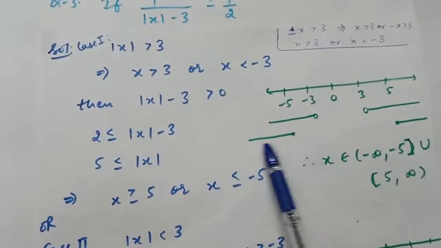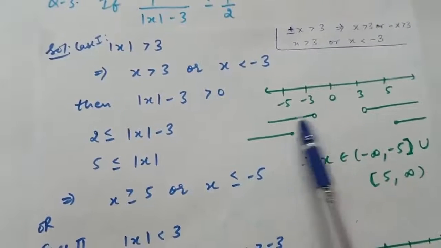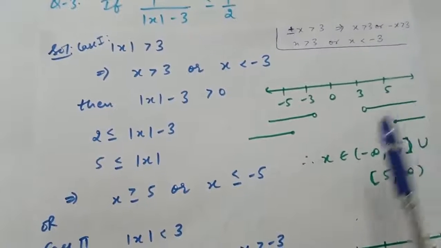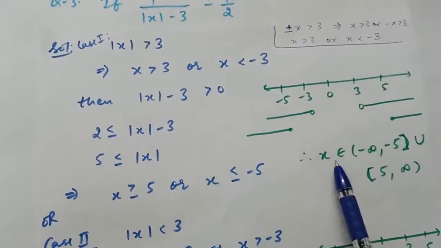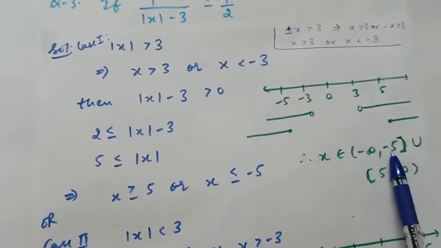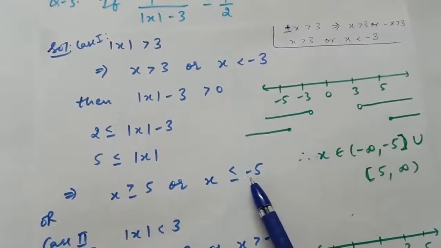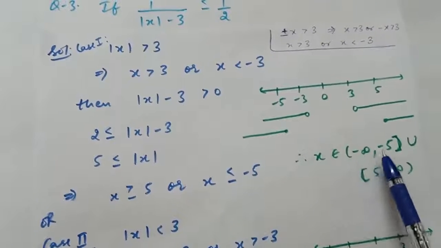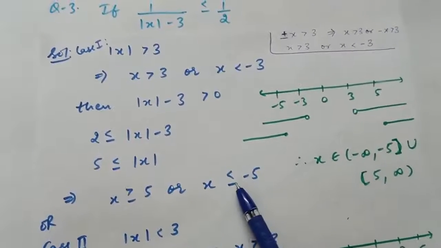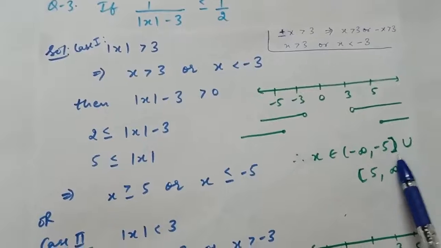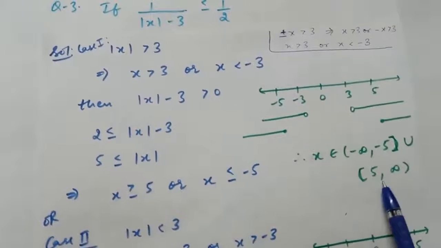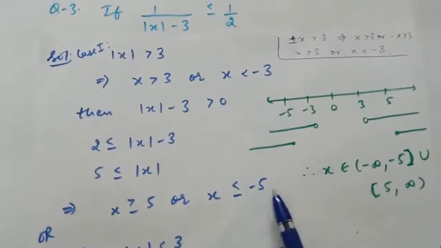So we can see this comes under this range. Therefore this complete set can be taken as the values of x, right? Since x is less than or equal to minus 5, x belongs to minus infinity to minus 5, equality is there, so closed bracket will come, union 5 to infinity. So this was the first case.